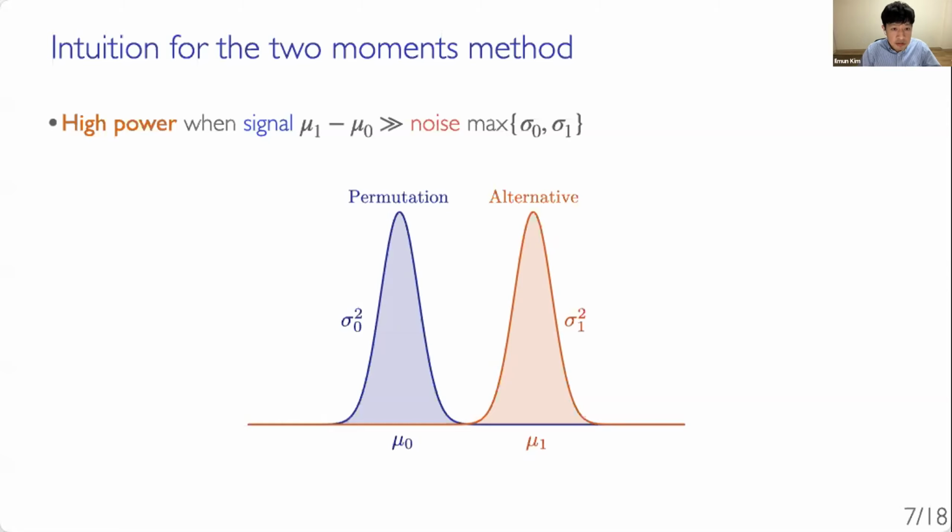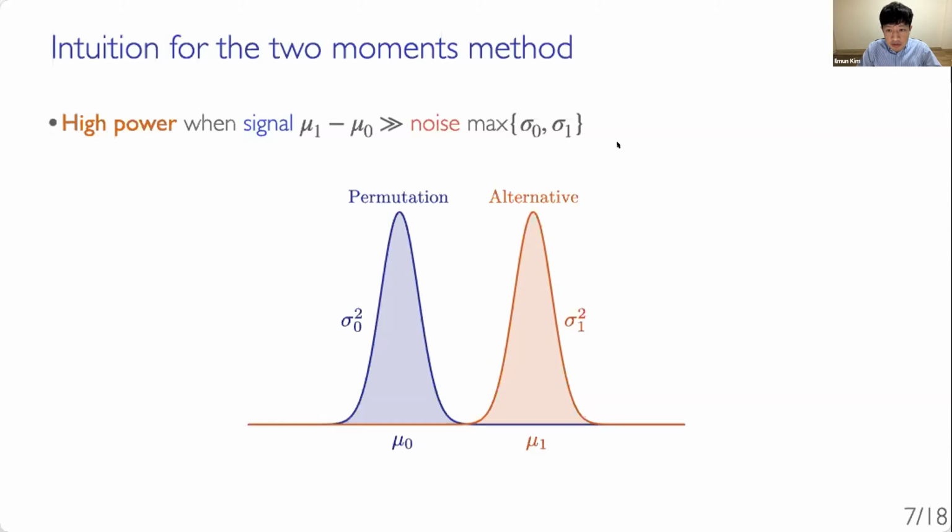Here the permutation distribution can be understood as the histogram of the permuted test statistics, which is a random distribution depending on the data. And this distance between these two distributions can be roughly characterized by the first two moments of the test statistics as in the figure.